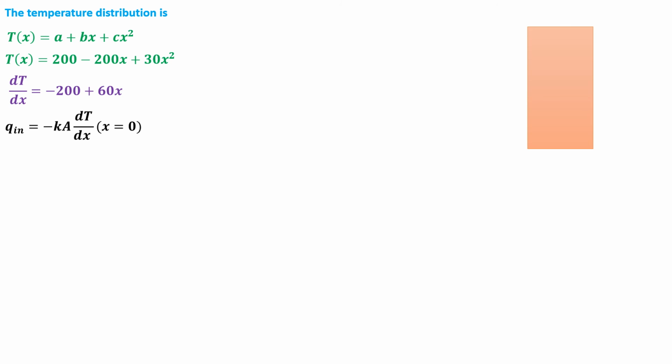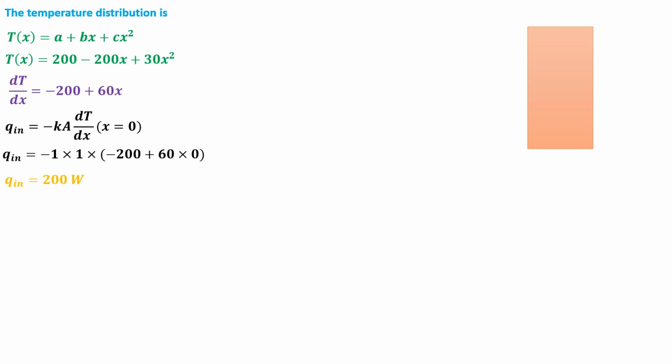You will find the value of Q in, and Q in comes out to be minus 1 into 1 into minus 200 plus 60 into 0. Q in is simply 200 watt.